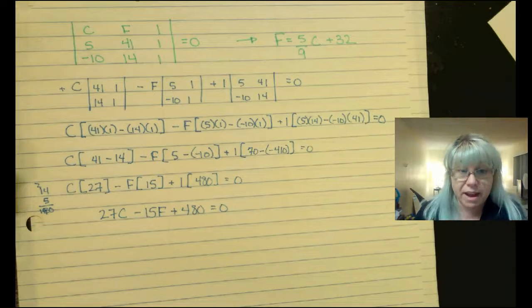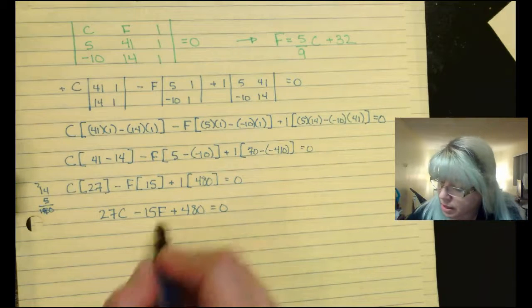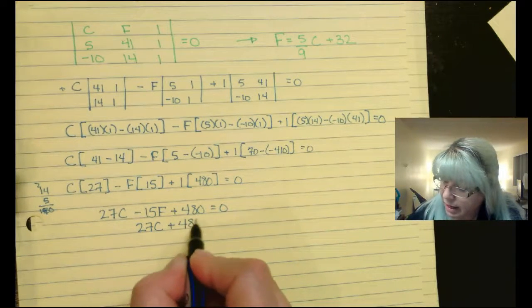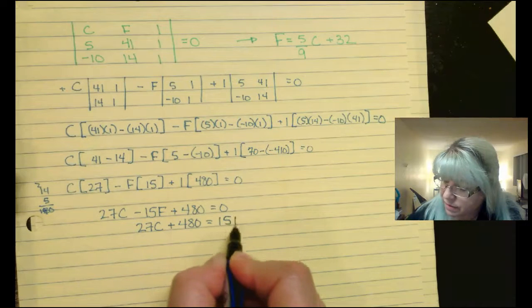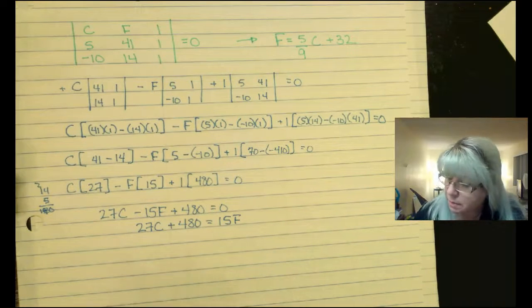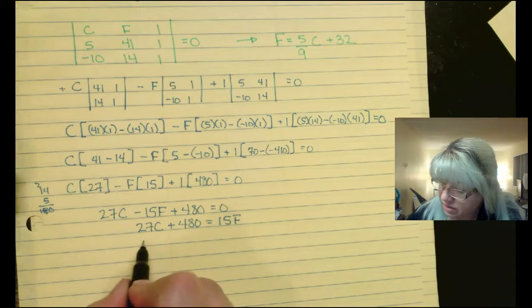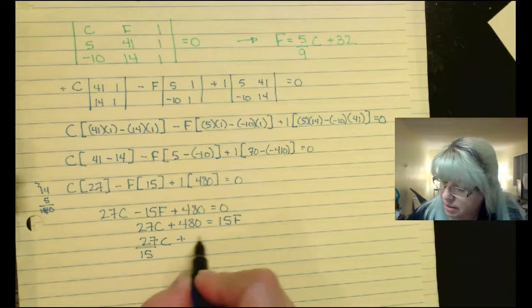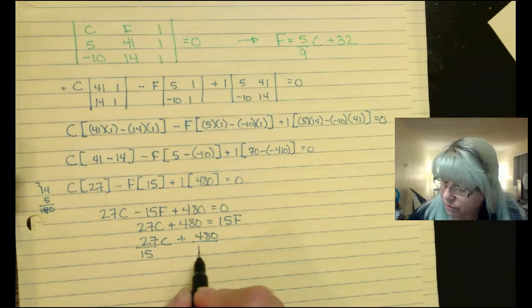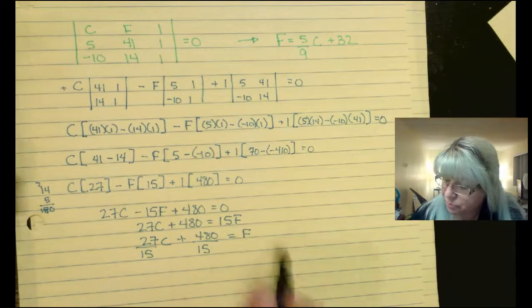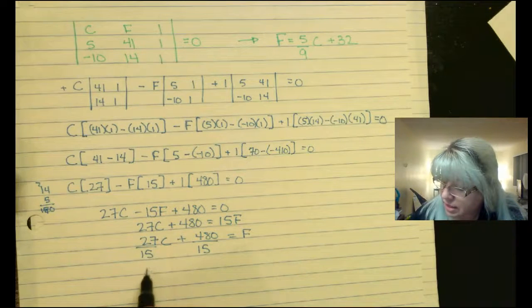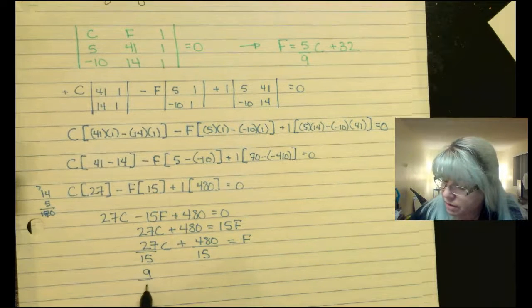I want to solve for F. All right, so 27C plus 480 equals 15F. Divide everybody by 15. That's going to give me 27 over 15 C plus 480 over 15 equals F. I can reduce both of these fractions. 3 goes into 27 9 times. 3 goes into 15 5 times.